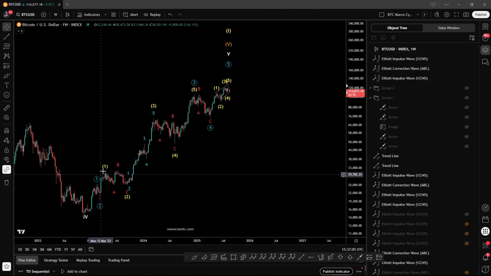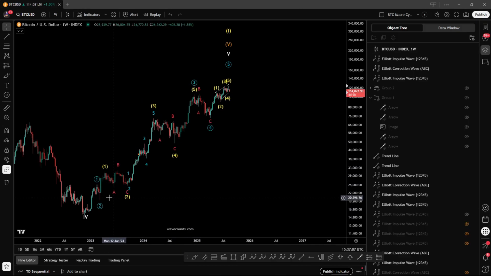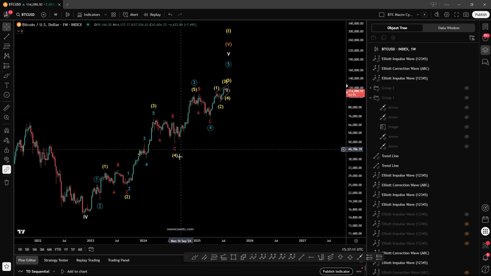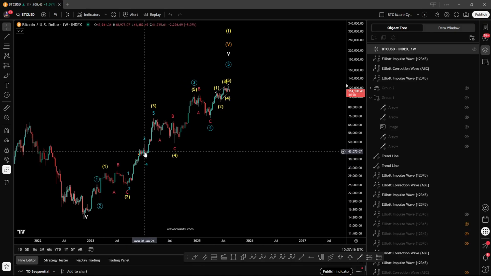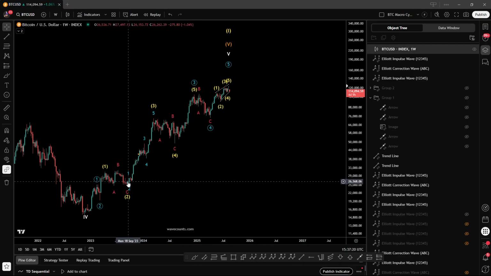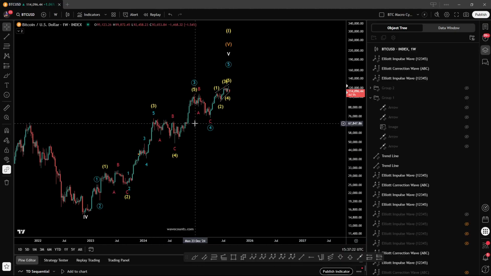And that rule holds true all the way through. This first wave is shorter than this third one. We don't care how long 5 is, because 3 is already longer than 1. It's just 3 can't be the shortest. It does not have to be the longest. It just can't be the shortest. Same with here, this third wave, already longer than 1, perfectly fine.